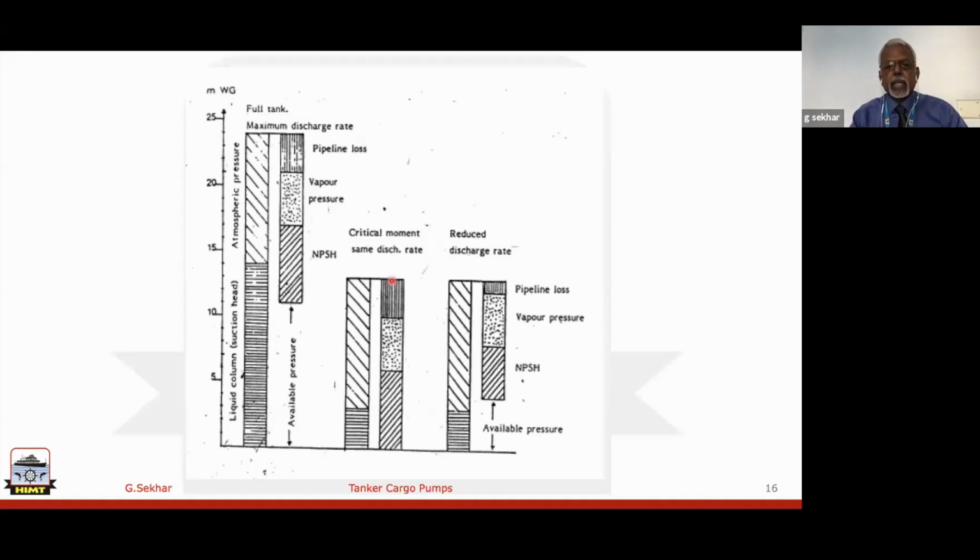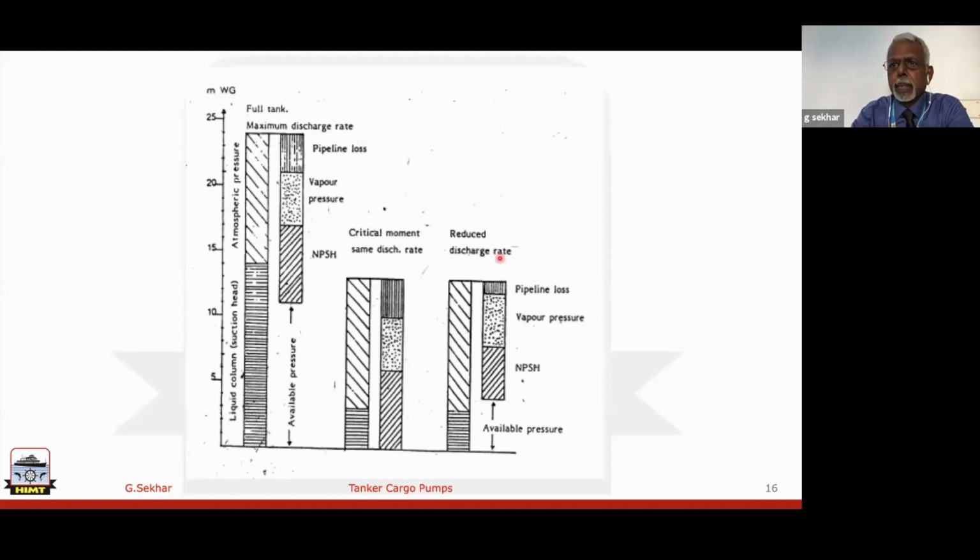Now, if you continue at the same discharge rate, you will not be able to continue discharge. Your pump will be running and cargo will not be coming out. So what is the best thing we do? Reduce the discharge rate. What do we mean by this? As I have told you just now, have a look at the RPM and reduce the pump RPM. Generally from the CCR, the cargo control room, we have a knob there.